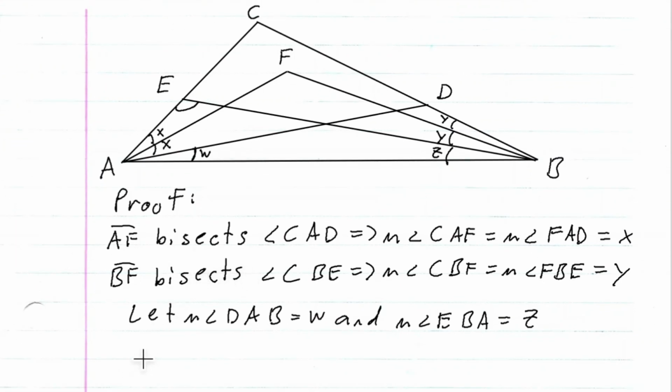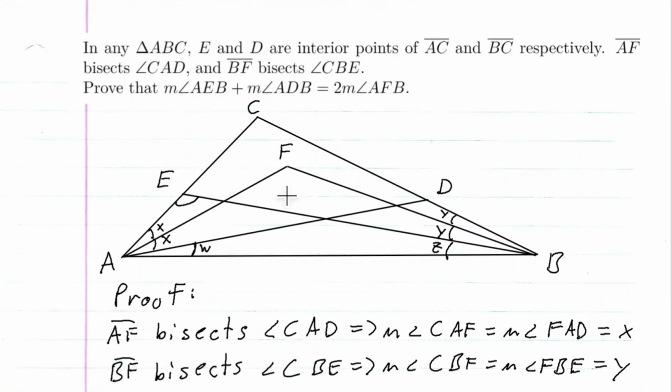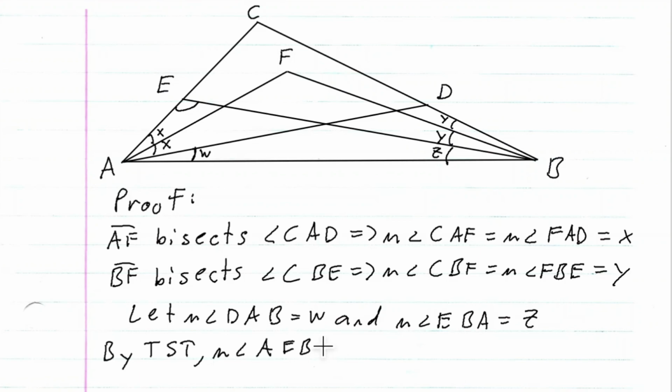By the triangle sum theorem, the measure of angle AEB, which is what we're looking for, is equal to 180 minus the measure of this angle here, which is 2x plus w, and then minus the measure of this angle here, which is z, because we're looking at triangle EAB.